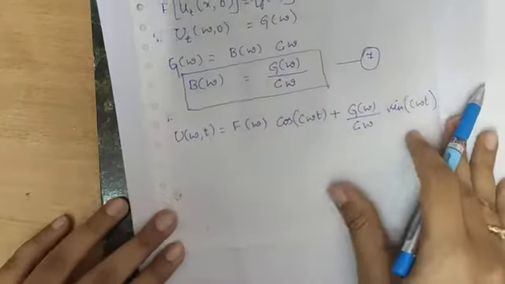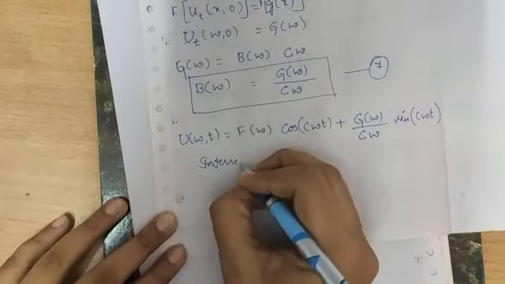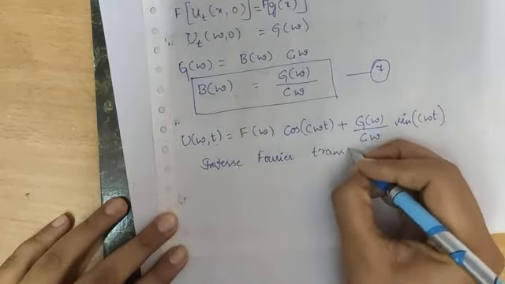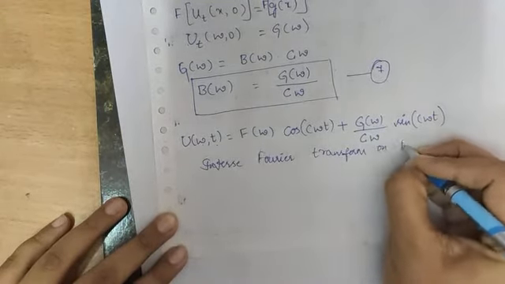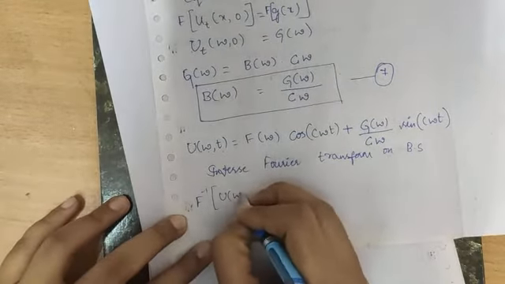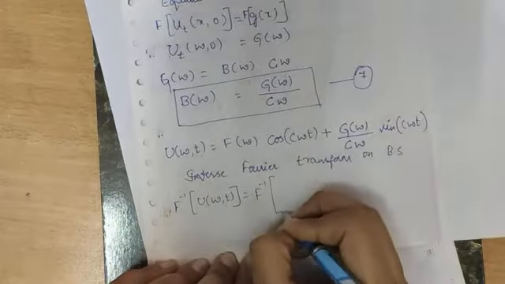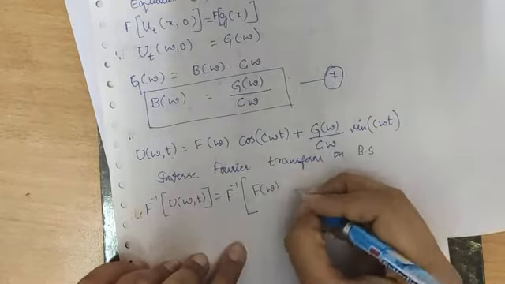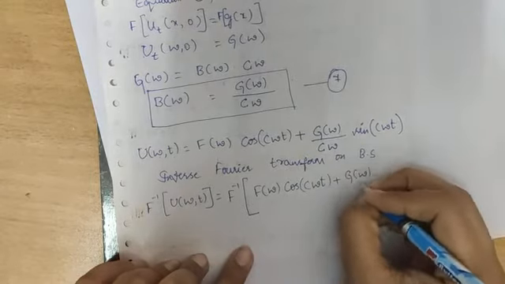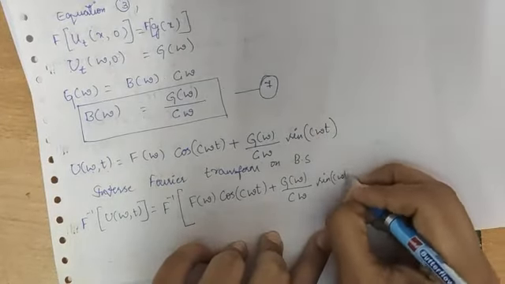So, taking the inverse Fourier transform on both sides, you will get F inverse of u of omega comma t is equal to F inverse of f of omega cos c omega t plus g of omega by c omega into sine of c omega t.